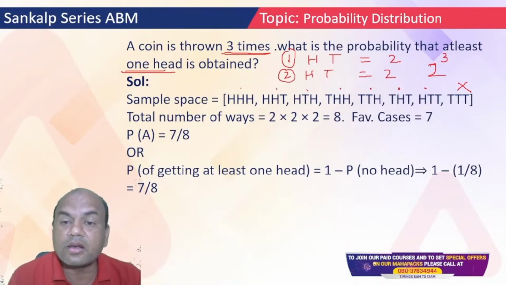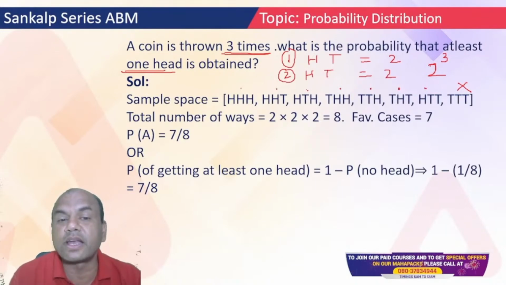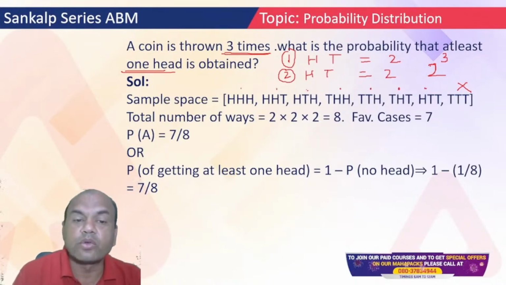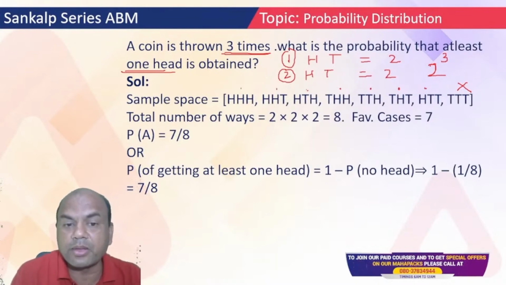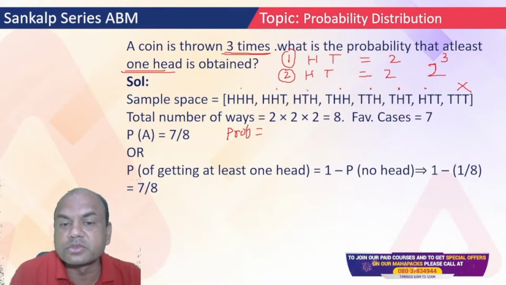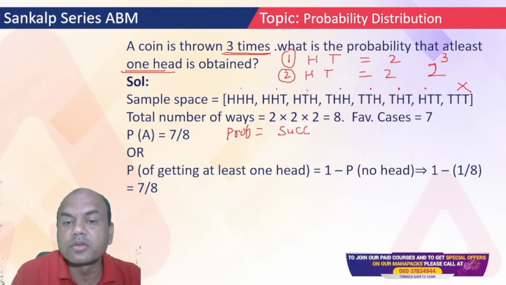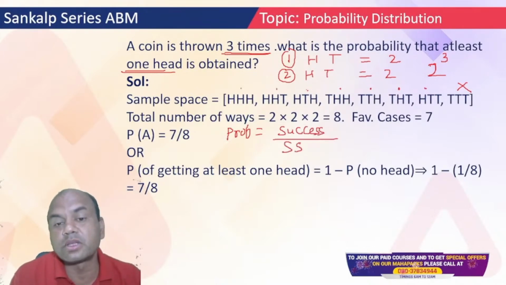So how many are the required successes over here? At least one head. So what is the formula for probability? Probability equals success upon sample space, the total number of sample points.